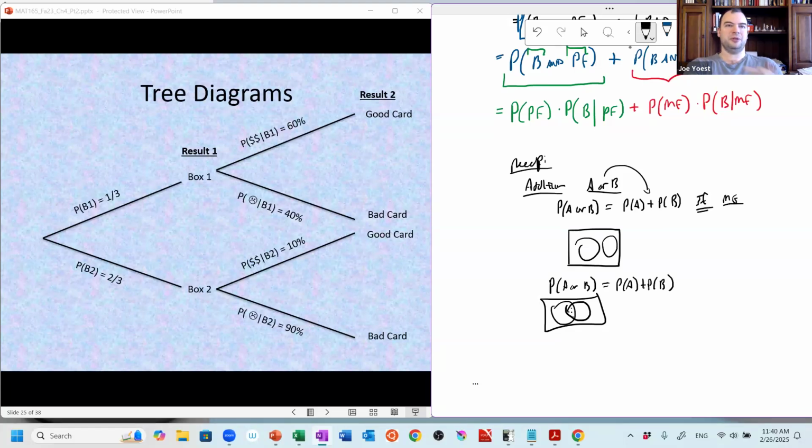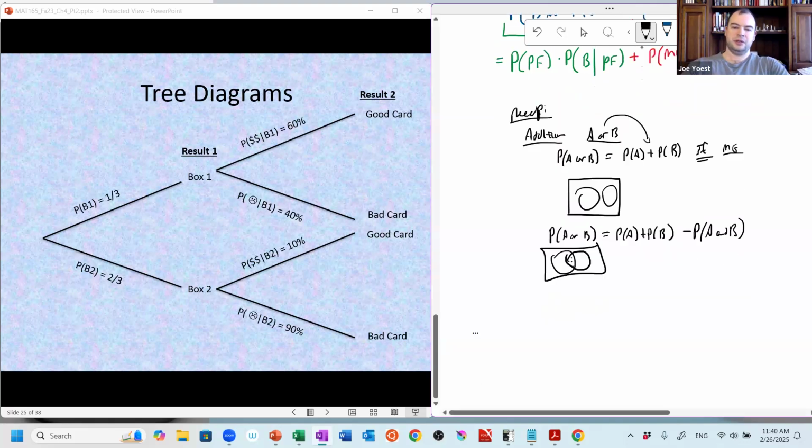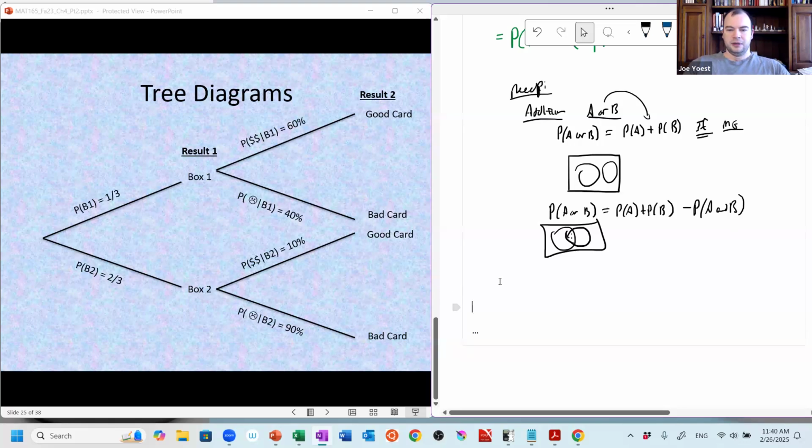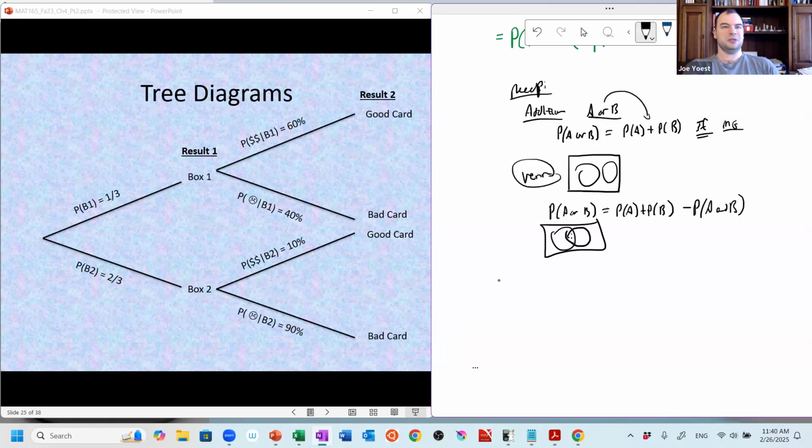If I just look at probability of A plus probability of B, I've double counted the folks who are in the intersection there. I've got to subtract off probability of A and B. So this Venn diagram was sometimes a helpful schematic.